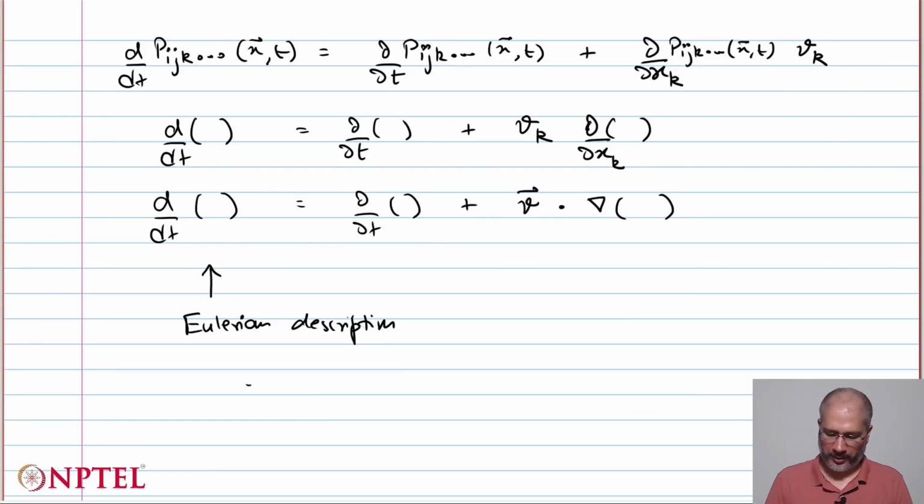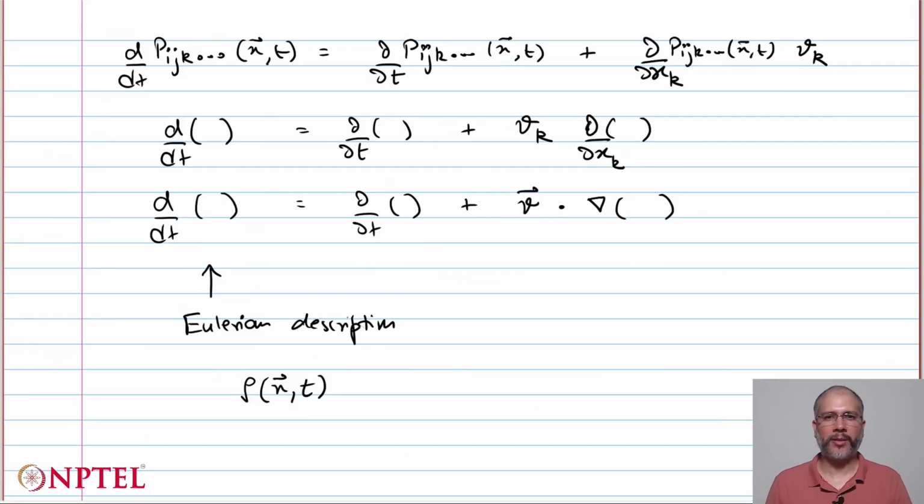For example, density may be written as a function of small x vector comma t. So I'm measuring the density at a given point in space which is fixed in my room coordinates. But remember, Newton's second law does not care about our choice of coordinates. It is still valid on a collection of fluid particles.